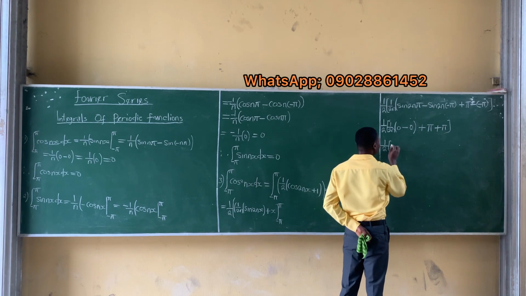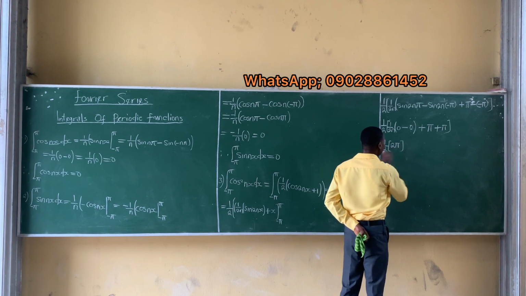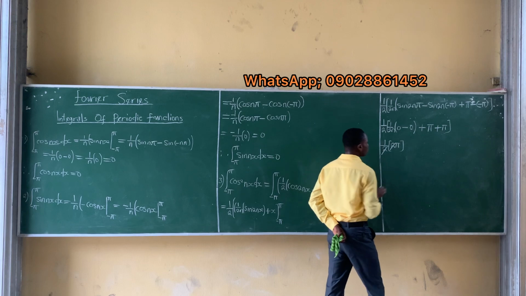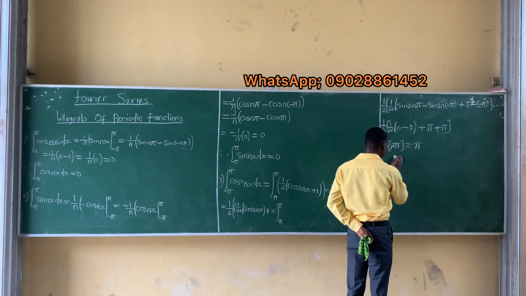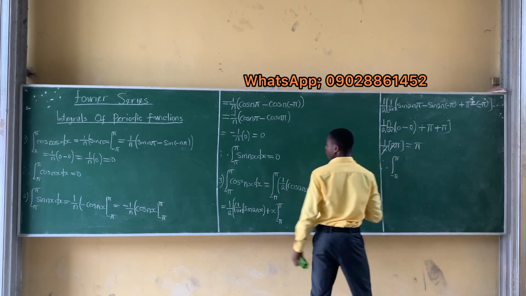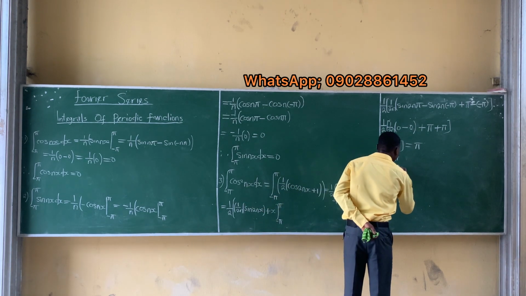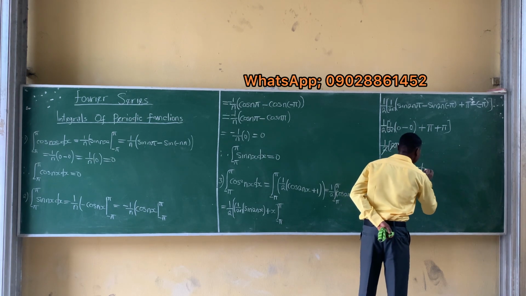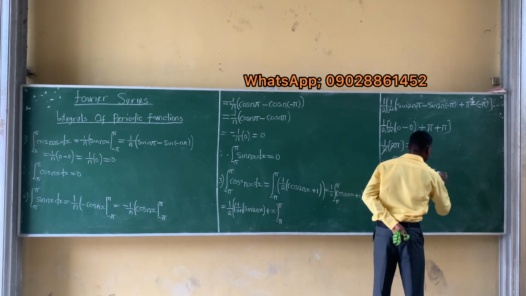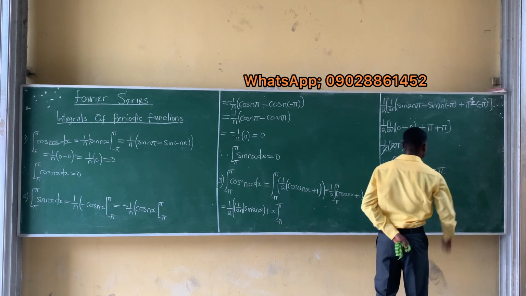So pi plus pi is 2 pi. So you see, 2 we cancel 2. So we have pi. So therefore, the integral from minus pi to pi of cos square nx dx is equal to pi.